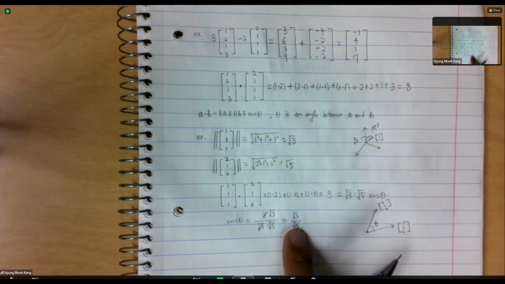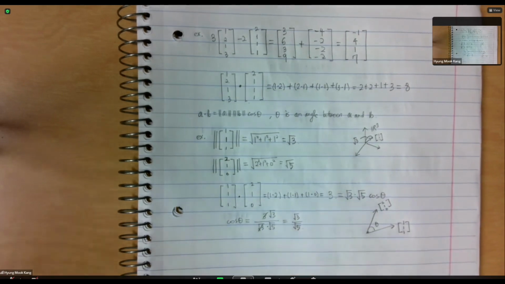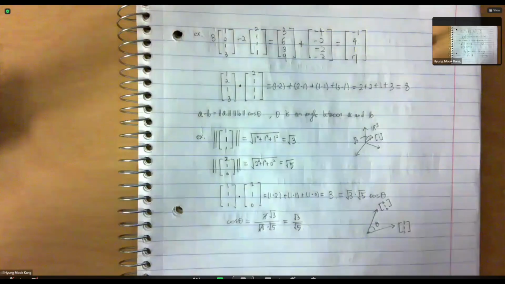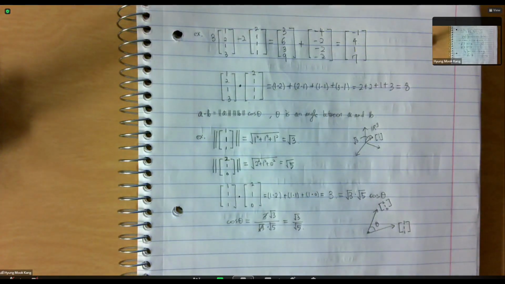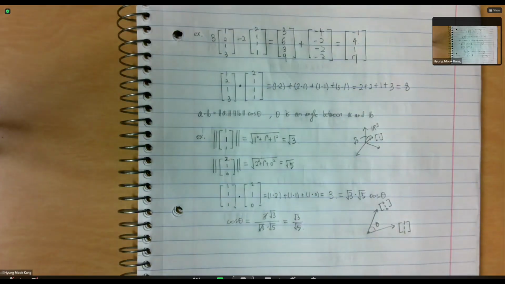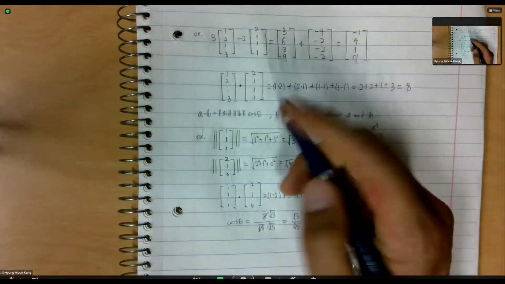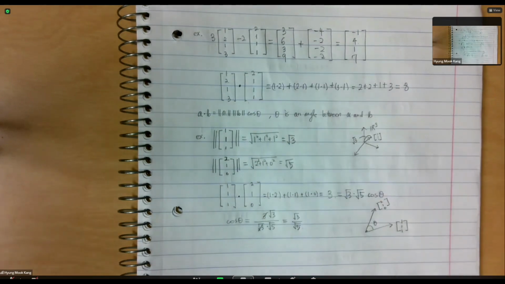It has the value square root of 3 over square root of 5. So the inner product basically tells us the angle between two vectors. That's the meaning of it.